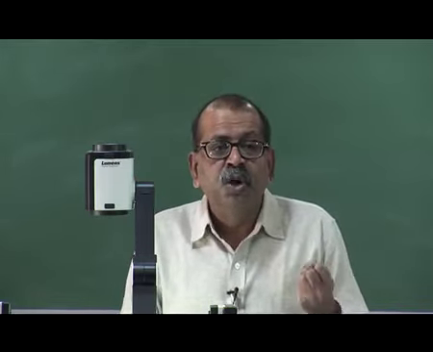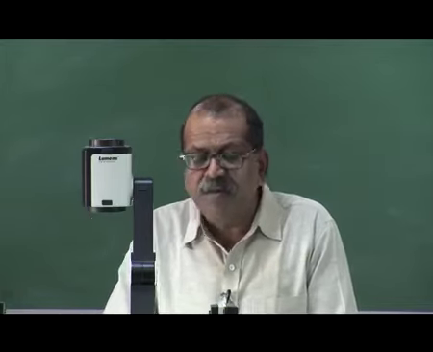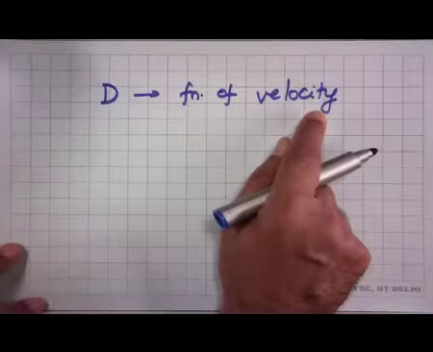But when we talk of friction, friction caused by the fluid is in a direction which opposes the velocity, and what we empirically observe from experiments is that this drag force is a function of velocity. Now, notice the difference between solid friction and fluid friction. In solid friction, if the body was moving, the friction force was related to the normal force, but in case of fluid friction, the drag force is a function of the velocity of the body.